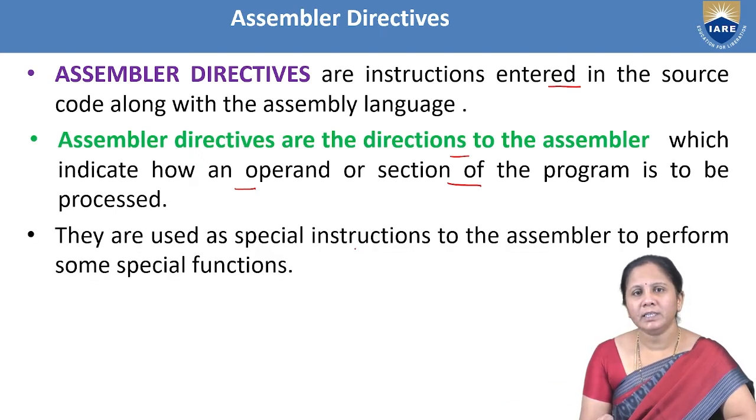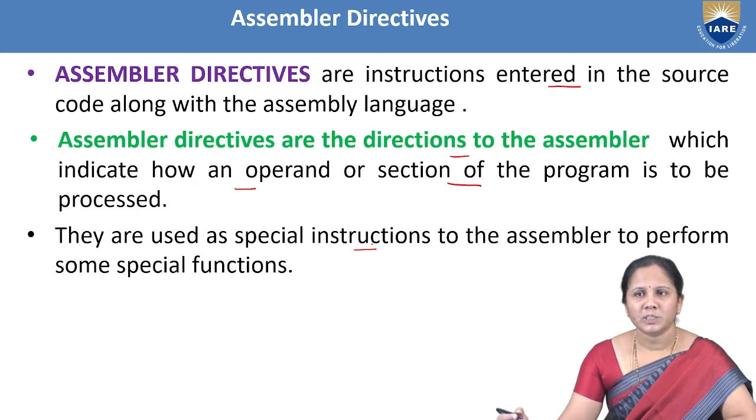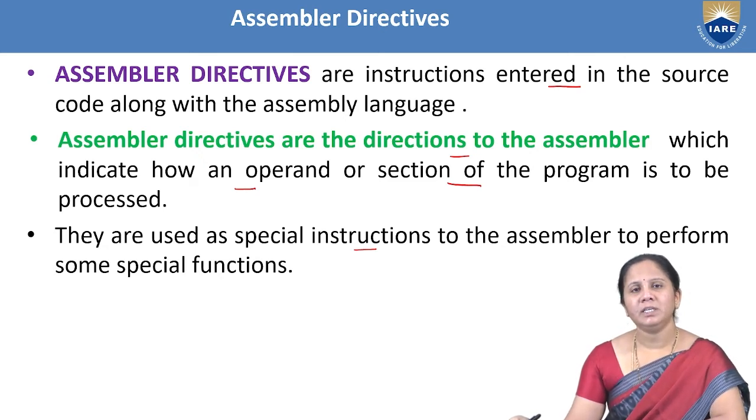Generally these assembler directives are called special instructions because they are used to perform some special functions. We have already studied the instructions present in the instruction set of the 8086 microprocessor. They are just called instructions, they perform their function, and they are converted into machine code.